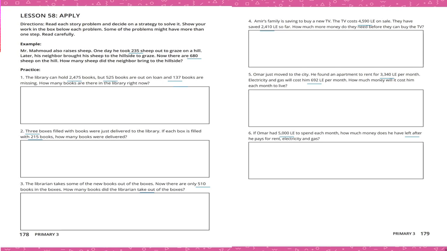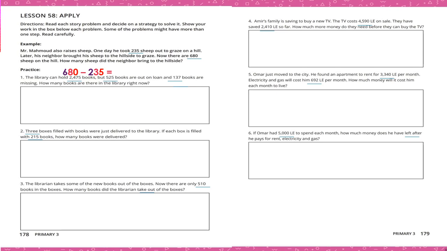To get this missing number, you should convert this addition operation to a subtraction operation like this. But don't forget to put the biggest number first. So 680 minus 235.